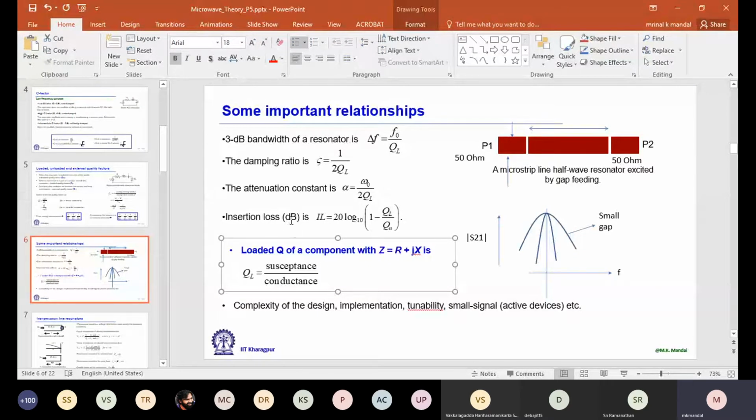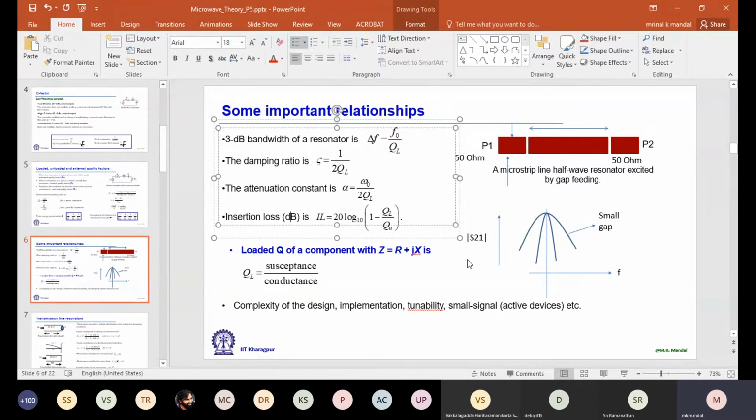Well, insertion loss. What is insertion loss? Basically, if I represent S21 in decibel scale, we have a negative number. Why negative? Because the maximum possible value of S21 is 1. If I take log 10, it becomes 0. Then it is always less than 1 because of some loss, so it is a negative number. Now let's say S21 is minus 3 or maybe minus 4 dB.